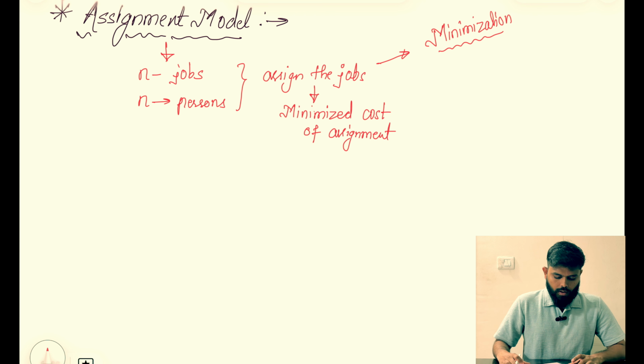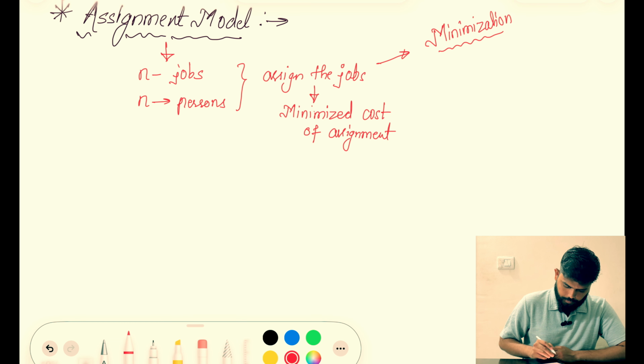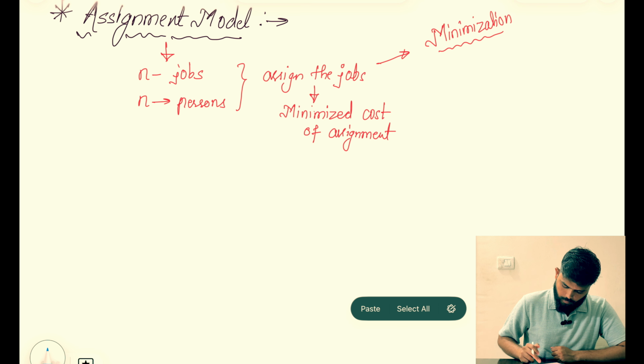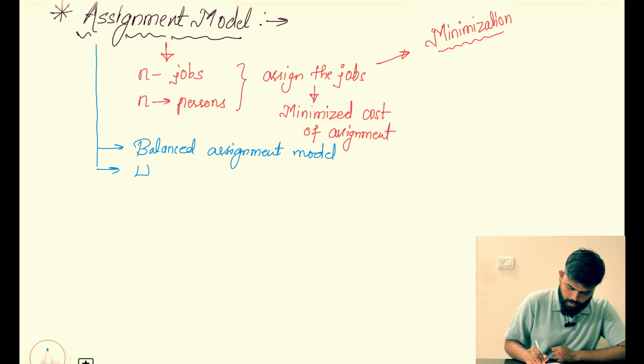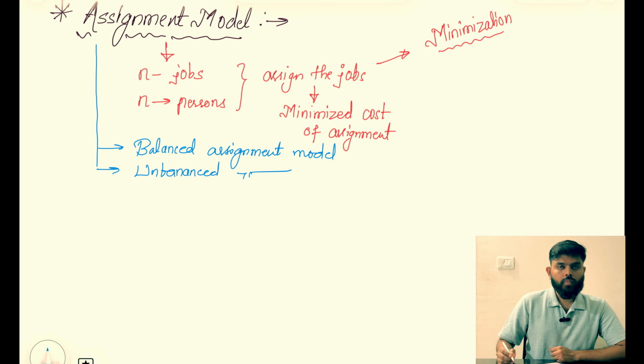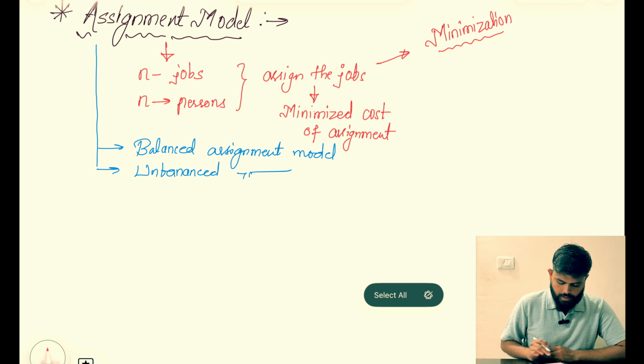So assignment models can be categorized into two types. We have balanced assignment model and unbalanced assignment model. The assignment model is generally represented in a matrix.